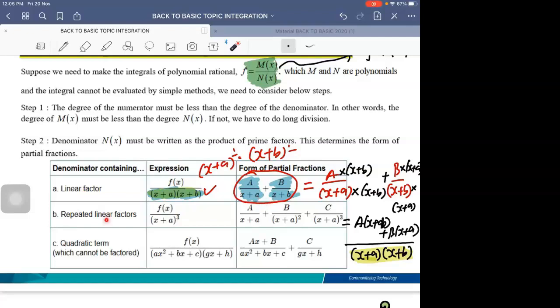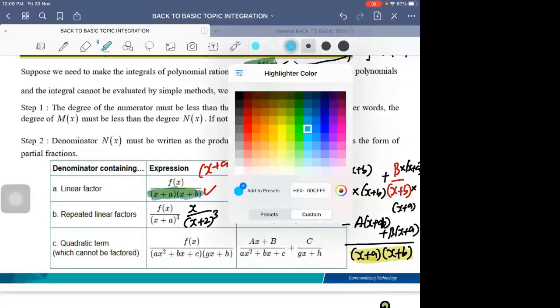If you have repeated linear factor, let's say you have x over x plus 2 cubed. So how do we write it in terms of partial fraction?